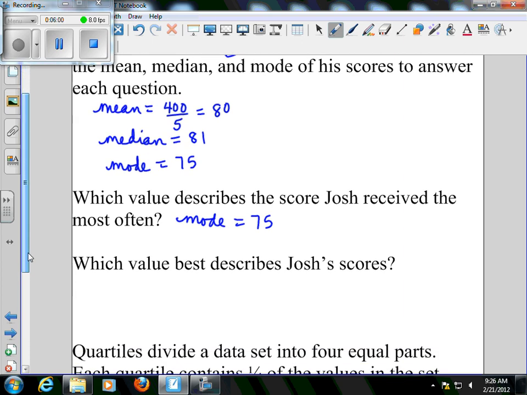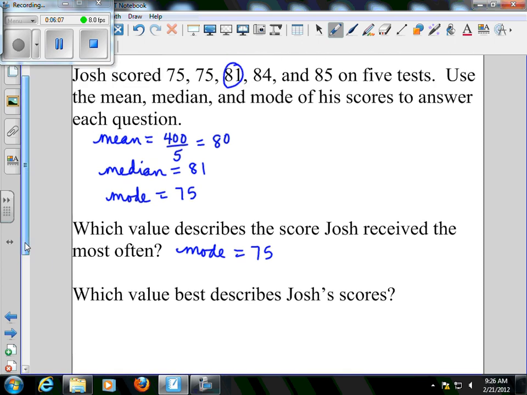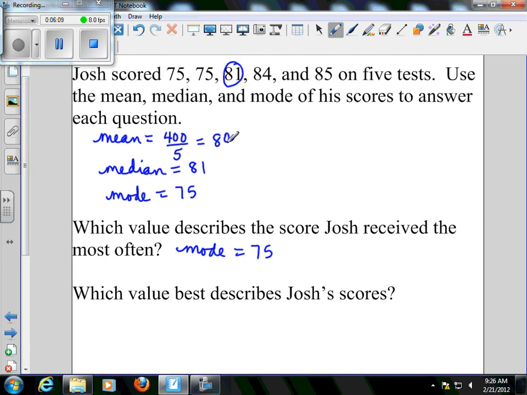And then it says which value best describes Josh's scores. Well, in this case, if you look at his scores and you look at the mean of 80 and the median of 81, and the mode was 75, it seems that the median is what describes Josh's scores best. I would say that because the mean is actually lowered by those two scores of 75.